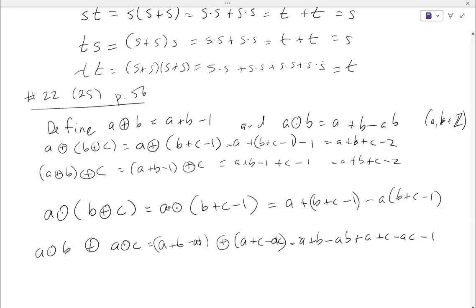Well, let's see if we got everything that we wanted. So we've got an A here, and I've got an A here, a B here, a B here, a C here, C here, minus 1 here, minus 1 here, minus AB is there, minus AC, I see in both places.